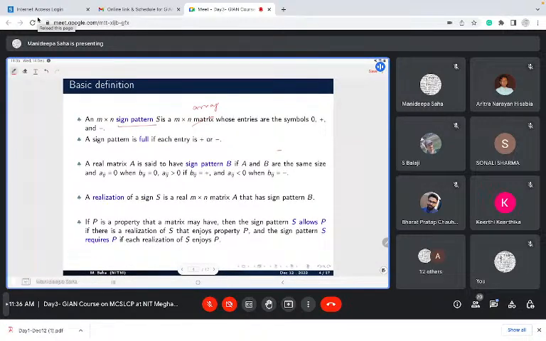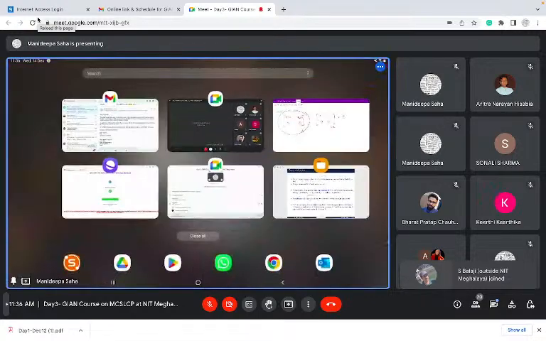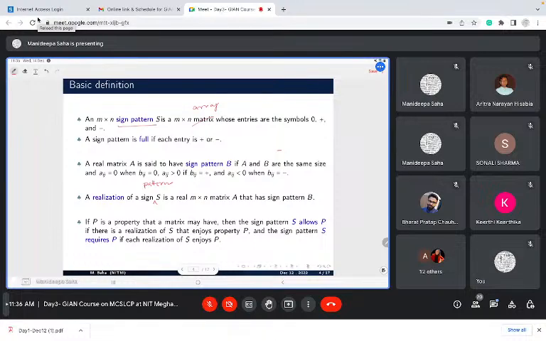Then the next one is: what is a realization? A realization of a sign pattern matrix S is a real matrix that has the sign pattern S. For example, if this is the A and this is the B, where B is a sign pattern matrix, then we say that A has a realization of the sign pattern.